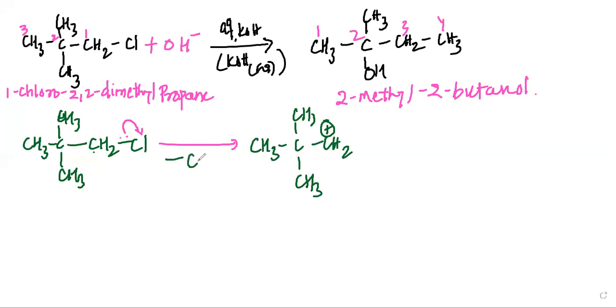When we look at the carbocation, we realize that this carbon is directly bonded to only one carbon, and that is why it is a primary carbocation.